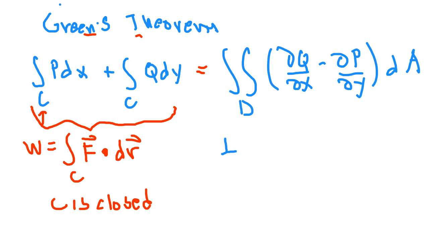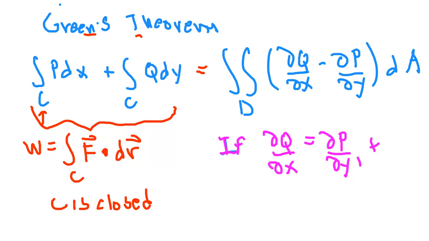If the partial derivative of Q with respect to x equals the partial derivative of P with respect to y, then what can we say about our vector field?